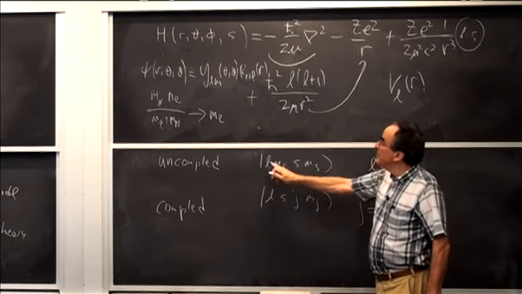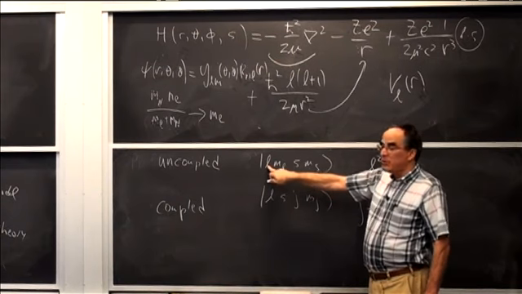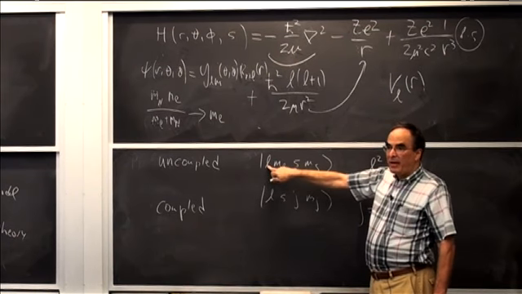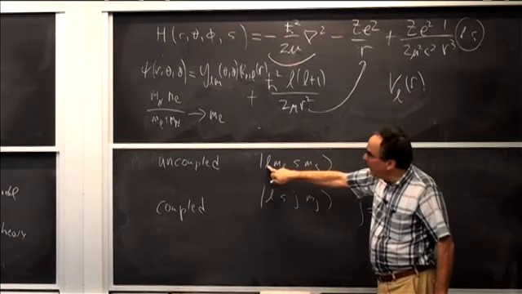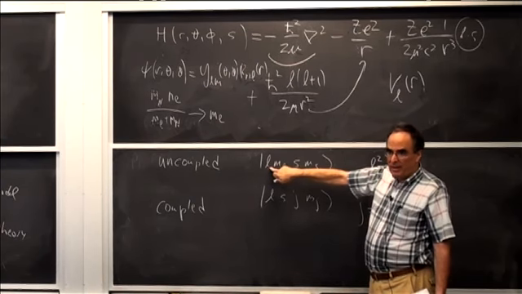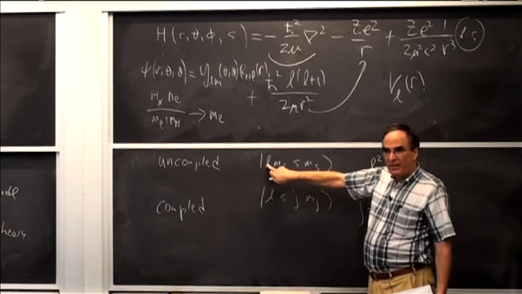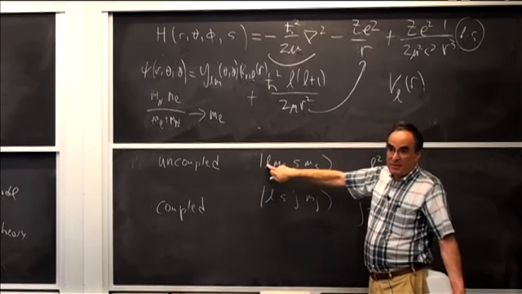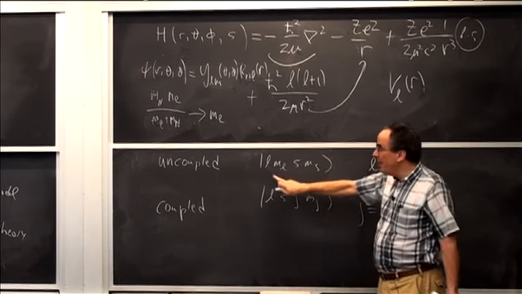This is an eigenfunction of L squared, where the value of the eigenvalue of L squared is L(L plus 1). So we don't write L(L plus 1) in here. We write L because it takes less space and it's unambiguous.